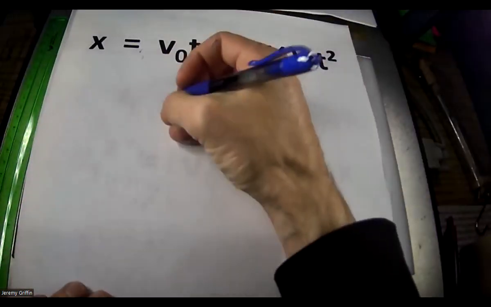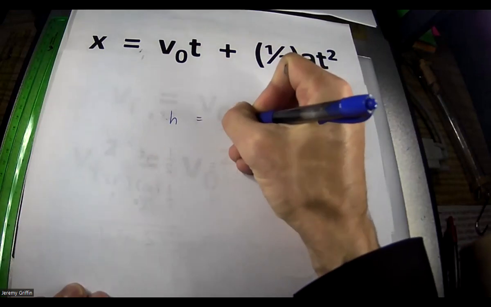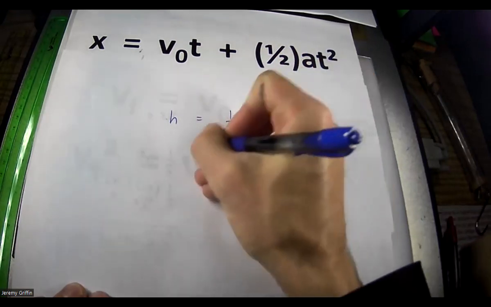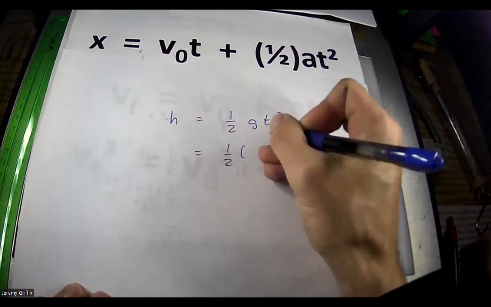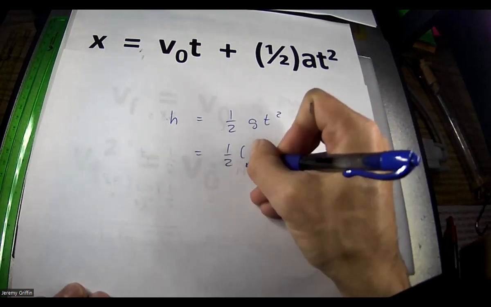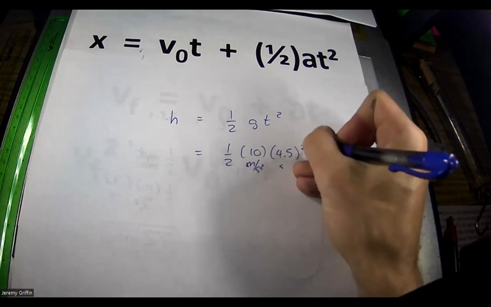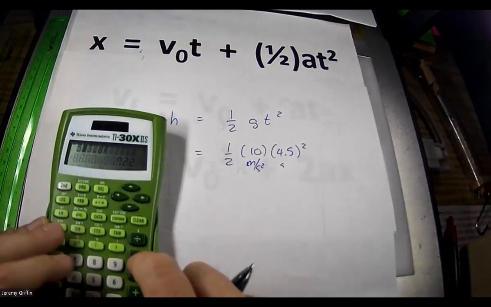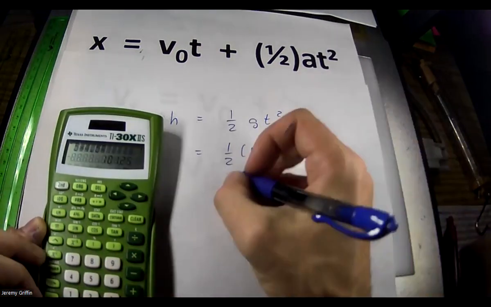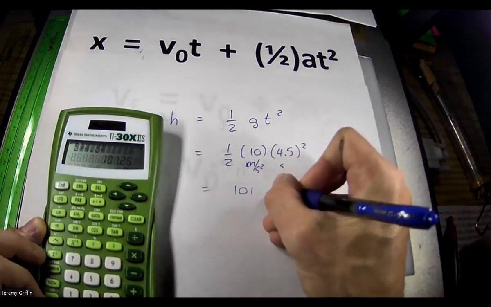Let's run 4.5. So if you got 4.5 seconds, that would be about 101 meters. Okay.